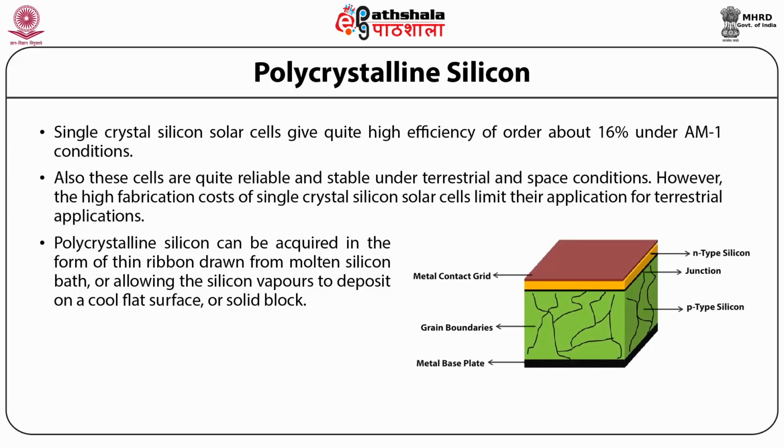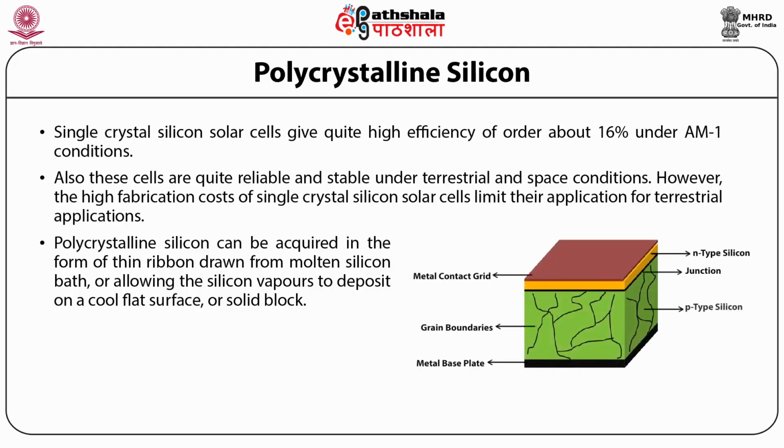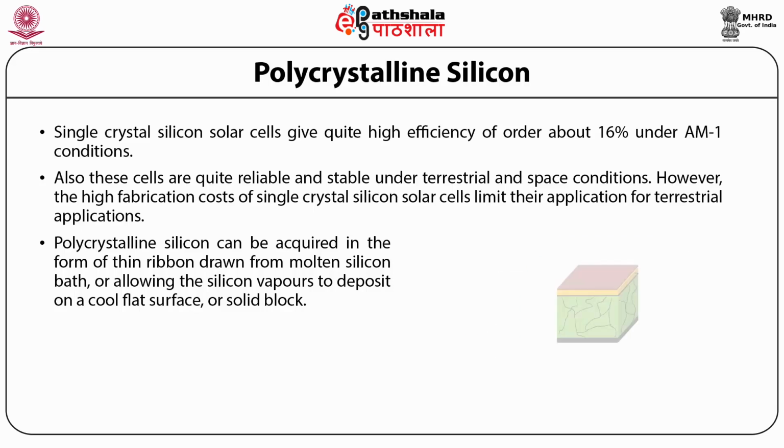If the molten silicon is cooled very slowly, then crystallites of larger size are obtained. The polycrystalline silicon is in the form of granules, and the size of crystallites mainly depends on the cooling conditions.